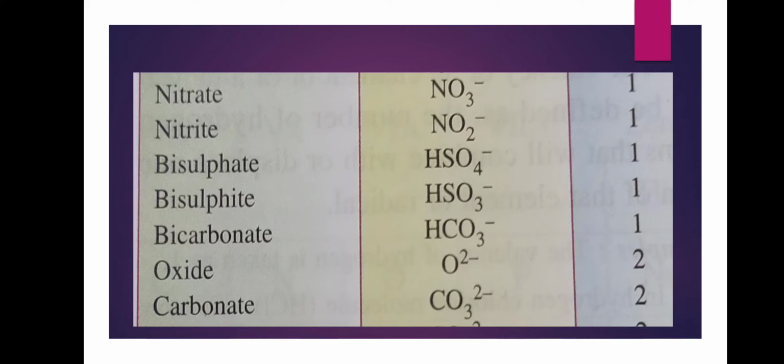Bisulfite, 1. Bisulfate, 1. Bicarbonate HCO3 minus, means it is an acid radical and its valency is 1. Oxide O2 minus, and its valency is 2. Carbonate CO3 and its valency is 2.